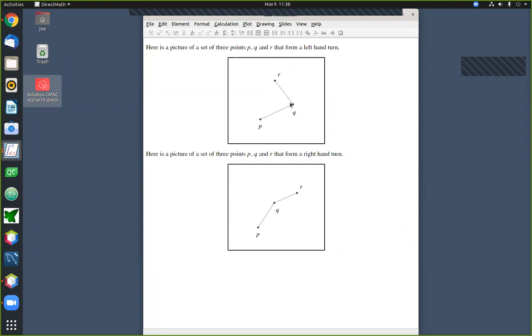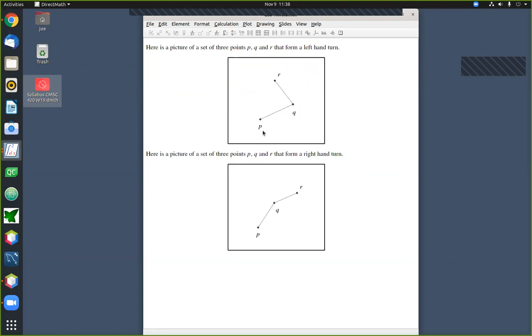One goes from P to Q, and the other one goes from Q to R. Right. Now, the interesting question that we'd like to ask whenever we have a group of 3 points like this is what happens as you're rounding the curve going around Q headed toward R? As you pass Q, are you making a left-hand turn or are you making a right-hand turn?